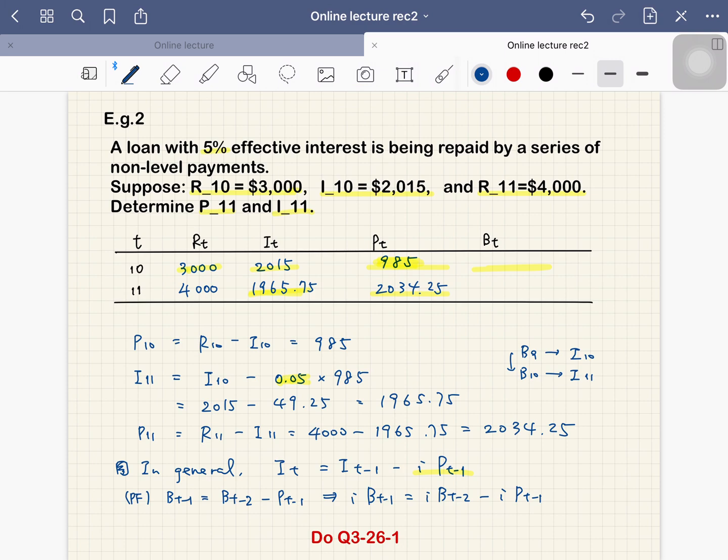But actually this means it is equal to I_t equals I_{t-1} minus i times P_{t-1}. So you can always use this formula to identify the interest for the next year.